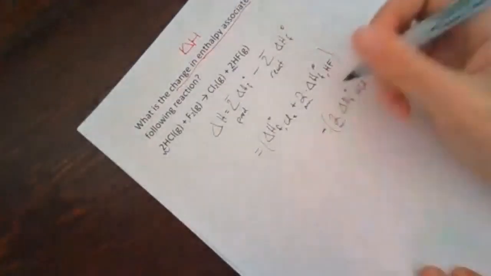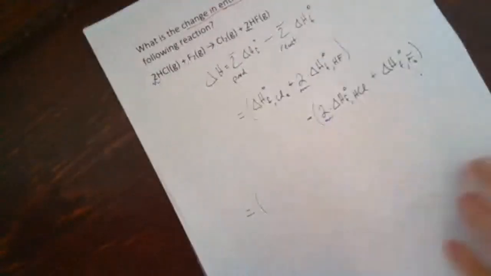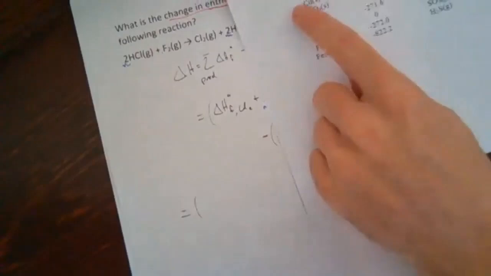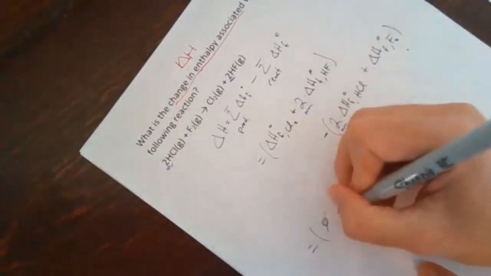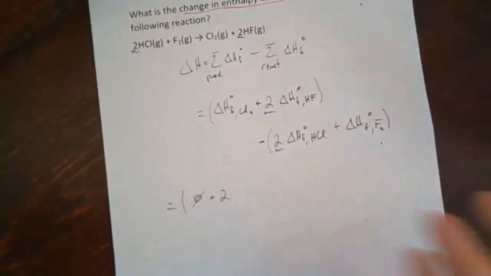And so if we do that, Cl2 is our first one, and we can find Cl2 is 0. That's because it's an element. Remember, elements in their standard state have 0 enthalpy of formation, times 2 times HF.